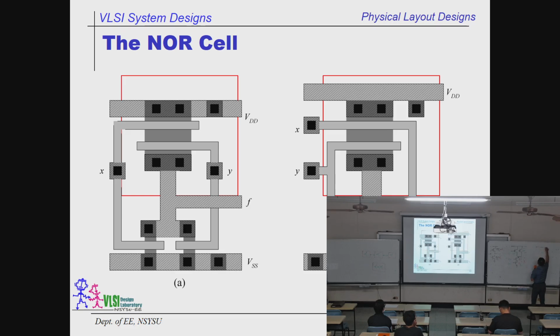Because the two MOS transistors are in parallel, nothing will be changed. So the W stays the same.